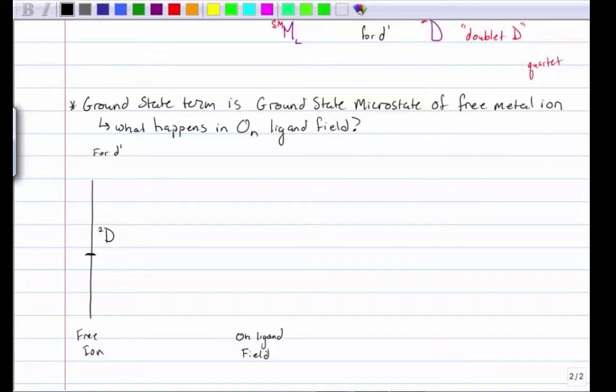It turns out that the doublet D will split into a lower energy microstate, which is represented as a 2T2g, or a doublet T2g, and a higher energy microstate, which is a doublet Eg. And now I'm using capital letters.